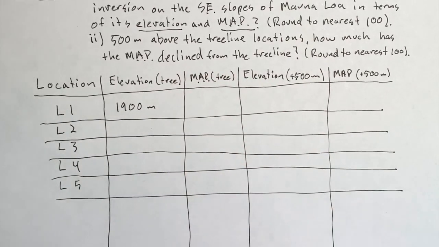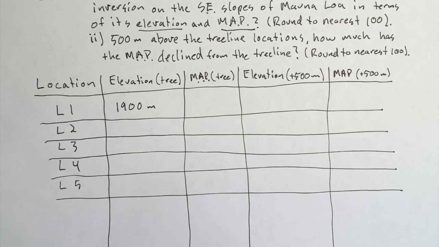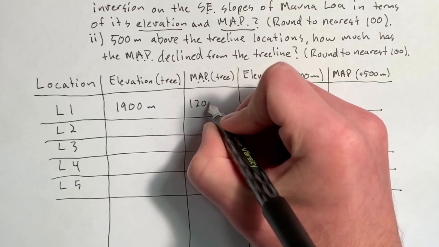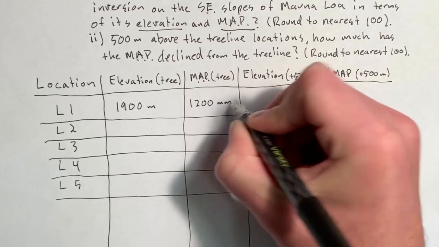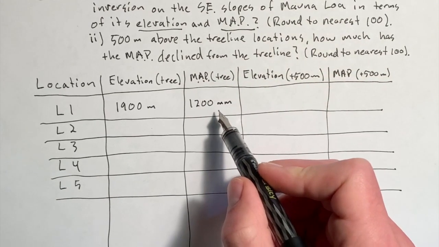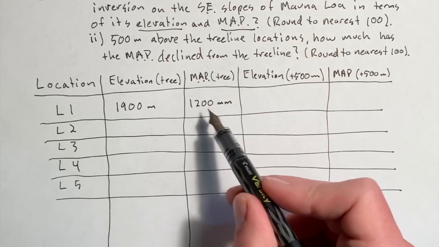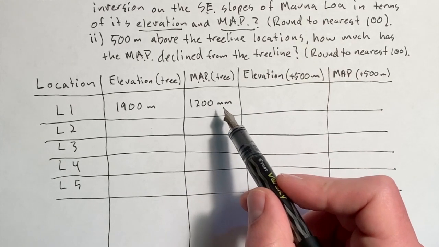And we're going to check our mean annual precipitation here, and say it's 1215. The nearest 100 is just 1200, so 1200 millimeters. And all this is saying that on average, this location receives 1200 millimeters of precipitation per year.